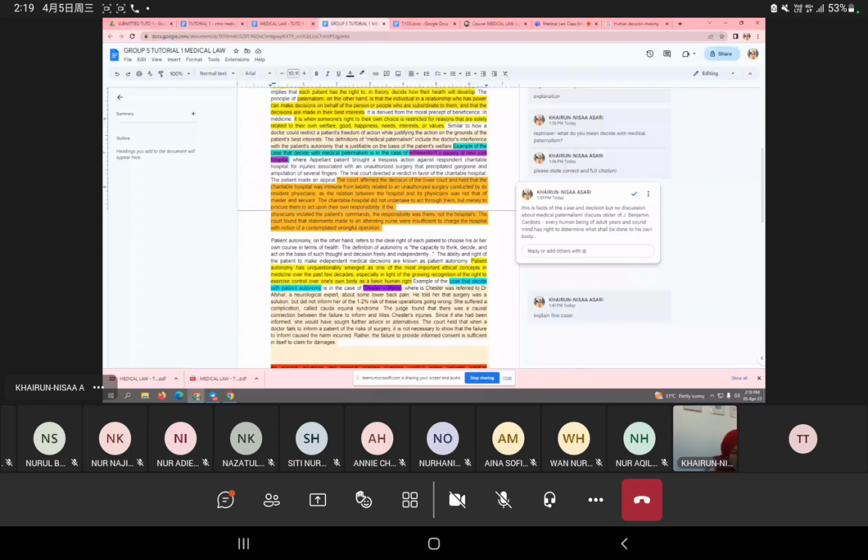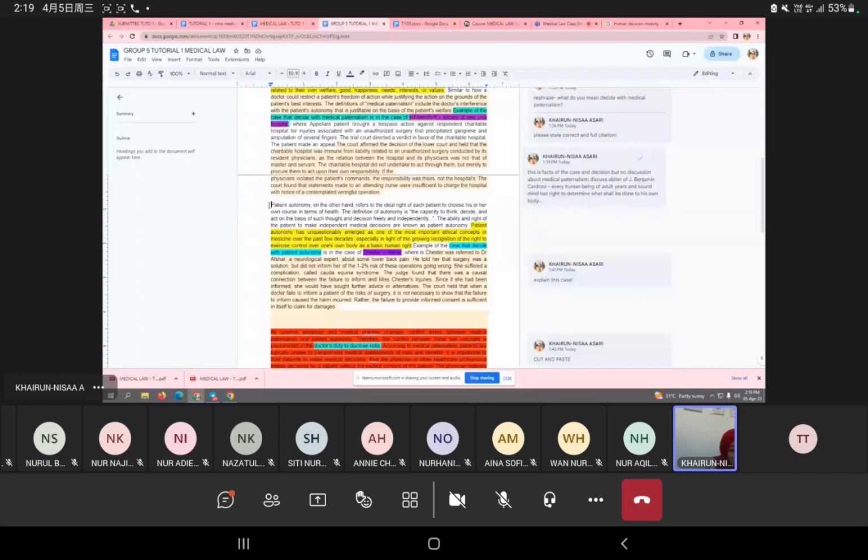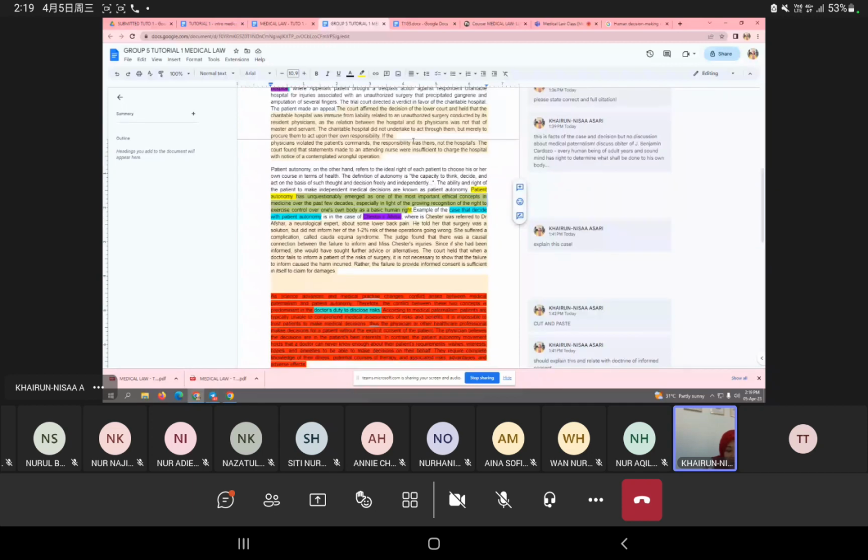Next, patient's autonomy, on the other hand, refers to, again, more explanation on patient's autonomy, and then more explanation. You've already explained patient's autonomy. One or two explanations is already enough. The next thing you should do is give one example about patient's autonomy. Again, 'example of the case that decide with patient's autonomy', there's something wrong with this.